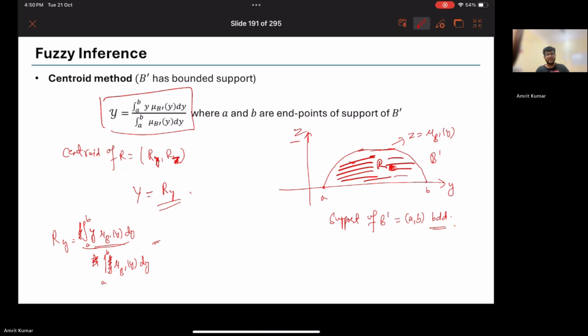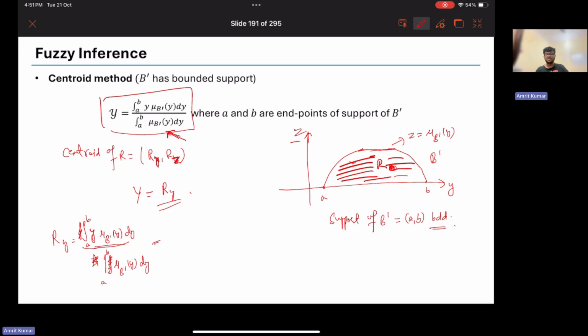Okay. So the centroid method is of course applicable when your output fuzzy set B dash first of all has a bounded support, and also your membership function of B dash needs to be nice in the sense that this integral should be computable. If B dash happens to be a highly discontinuous function, then you won't be able to compute that integral, right?